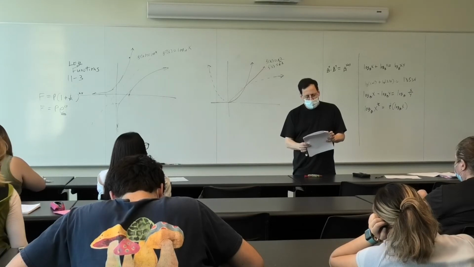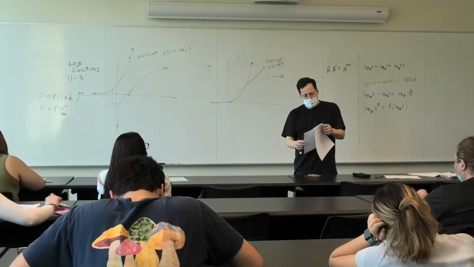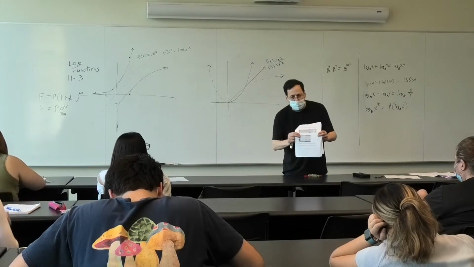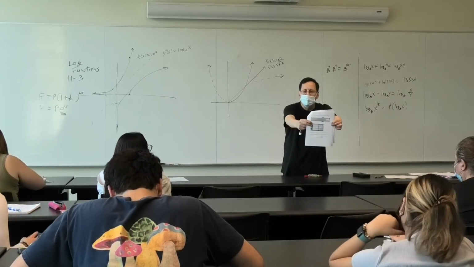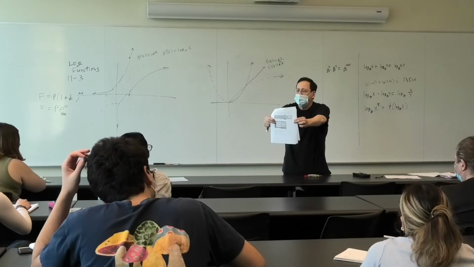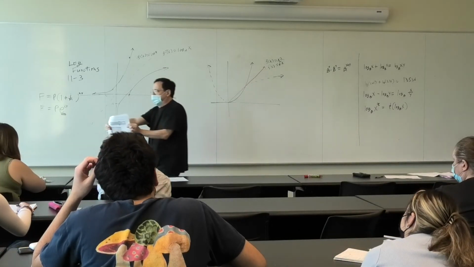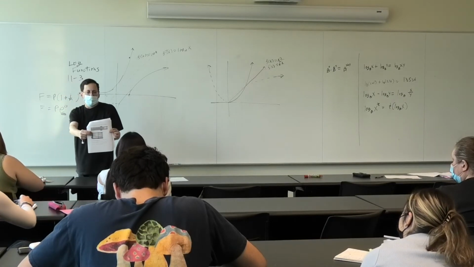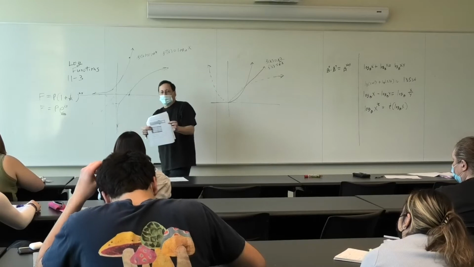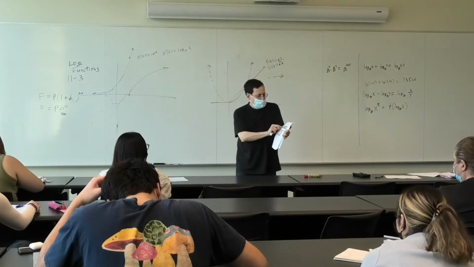I guess the other thing I wanted to mention is, I don't know if you can see in the back. Anyone see this thing here? Has anyone ever seen one of these? It's called a slide rule. Okay, maybe if I remember Thursday, maybe I'll bring one in.